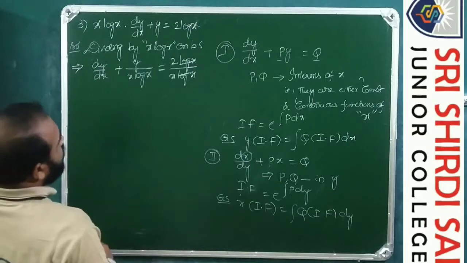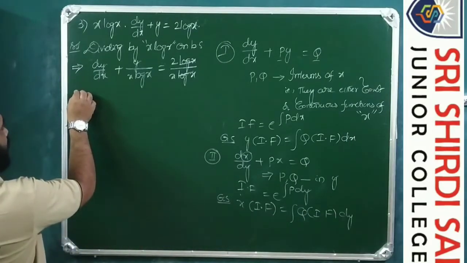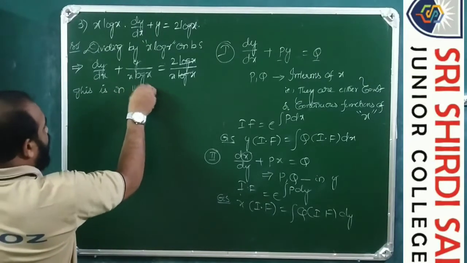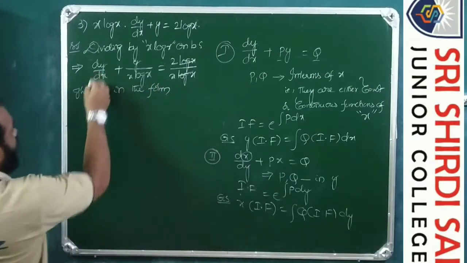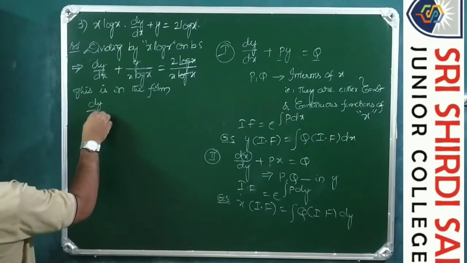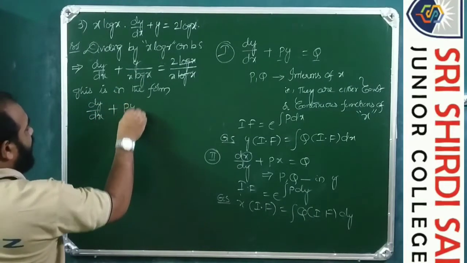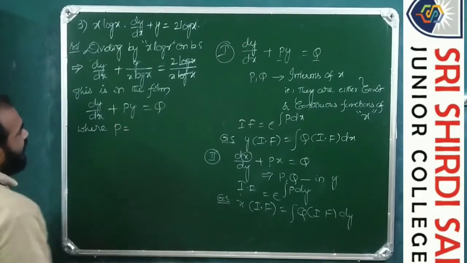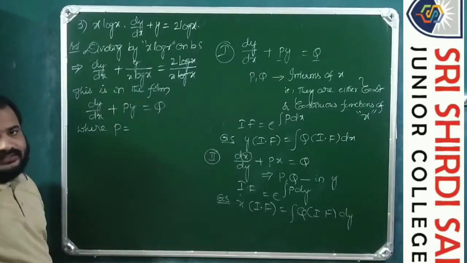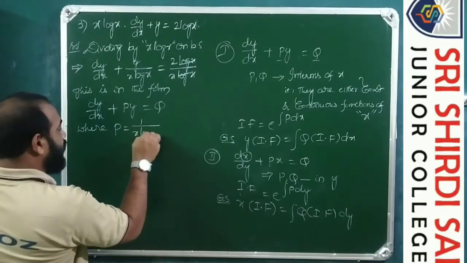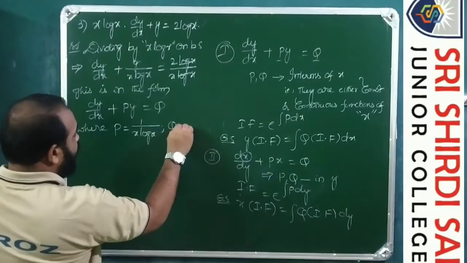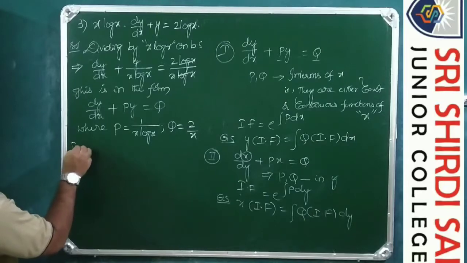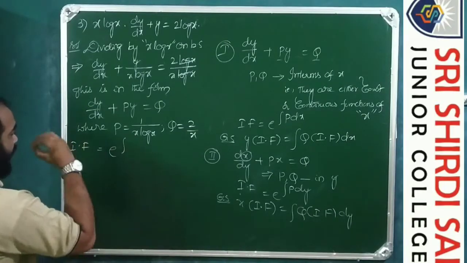So this is of the form dy by dx plus py equals to q, where p is equals to 1 by x log x, and q is equals to 2 by x.